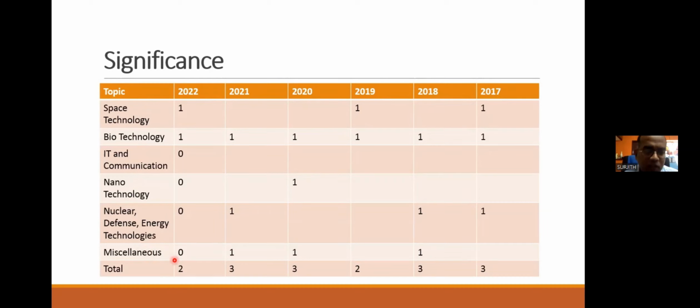See, over a period of time, the questions were revolving around two or three areas, sometimes even four, because some questions come from energy areas, which I have not mentioned here.